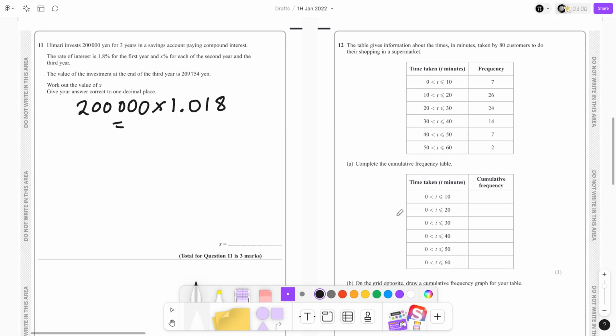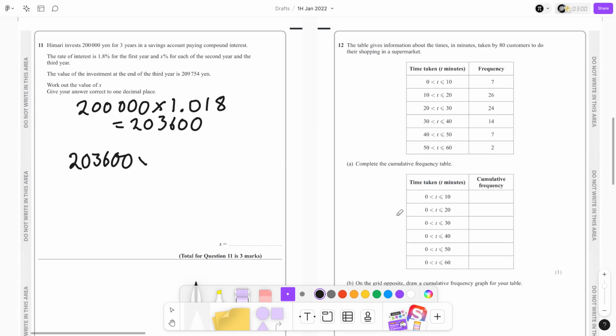So that's the amount after 1 year, which is 203,600.